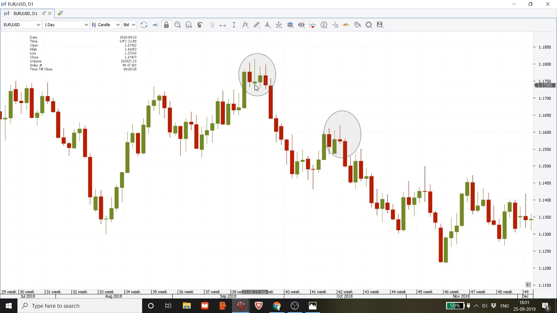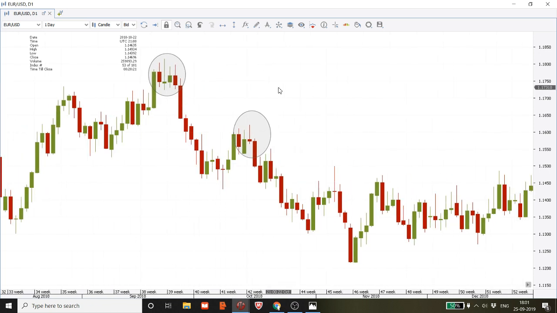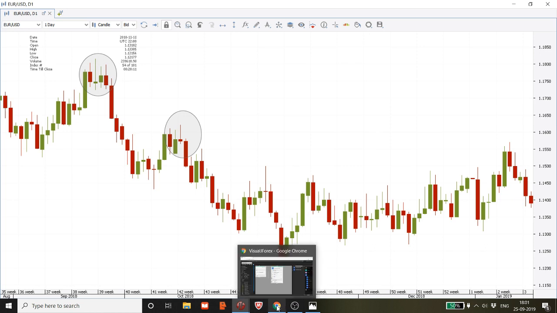It has closed in green, meaning candle close is greater than candle open. So for these two variants we need different calculations. That's why today I will show you calculations for the bearish candle, and tomorrow I will show you calculations for the bullish candle.